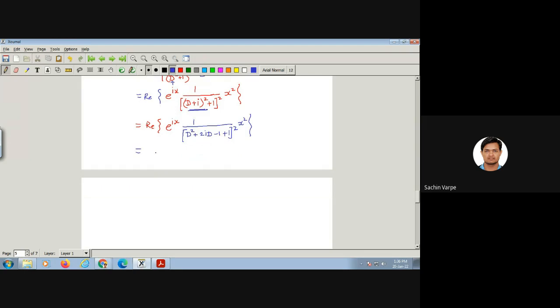So that is equal to real part of e to the power ix 1 upon (d square plus 2id) whole square operated on x square. यहाँ तक clear है सबको? Yes, sir, it's whole square. Very good. So what we do, we can expand this.